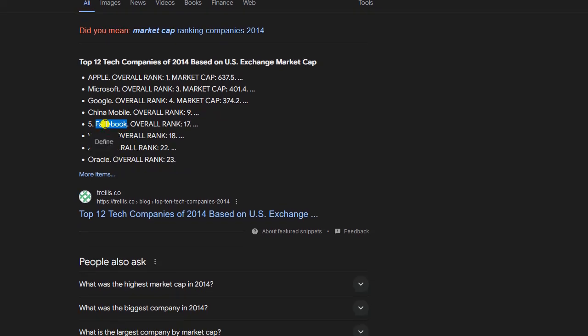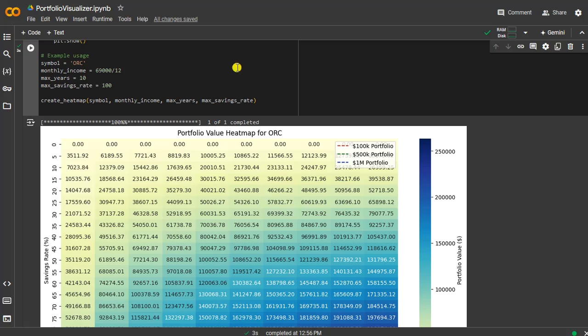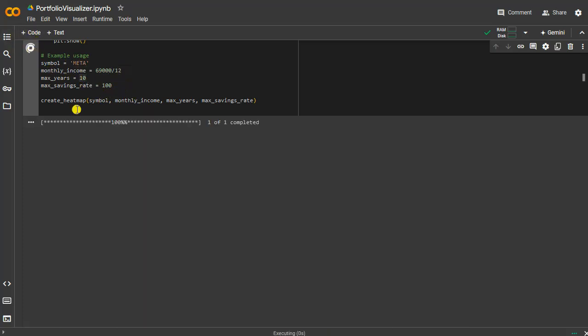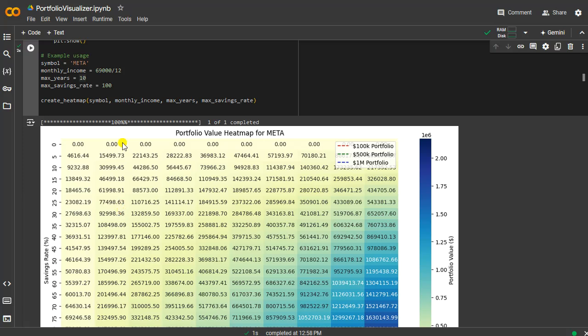Here another more obvious play would be Facebook or Meta. So let's try Meta. We put in Meta, we put in the average monthly income of a US household over 10 years. So let's see the savings rate we need to cross 1 million. Yeah, so roughly 50% to 60% in 10 years.